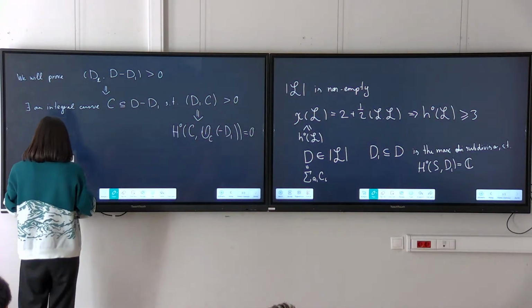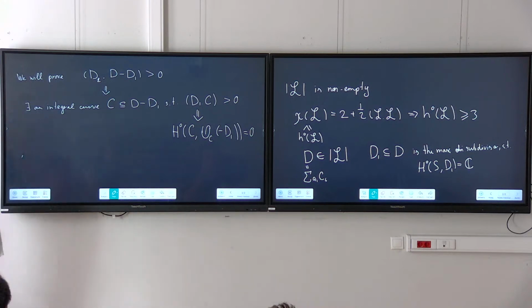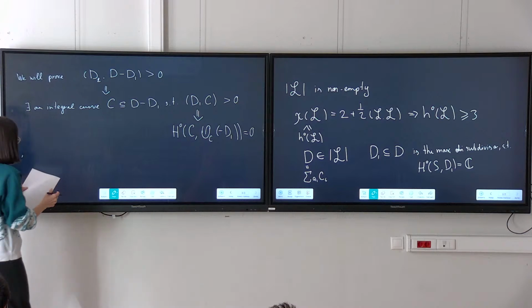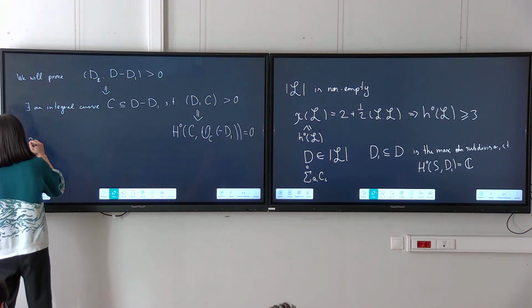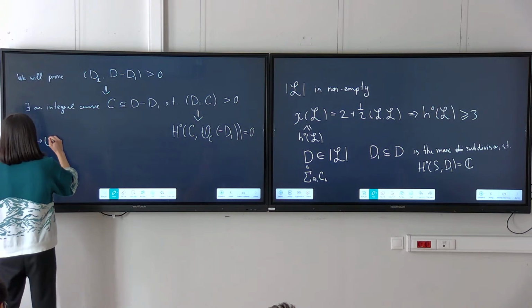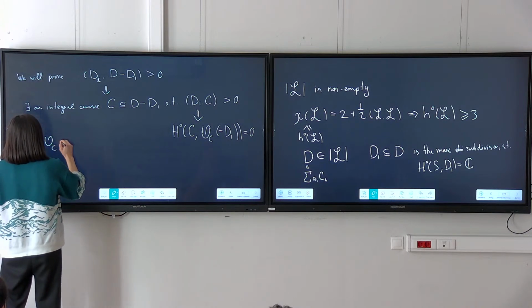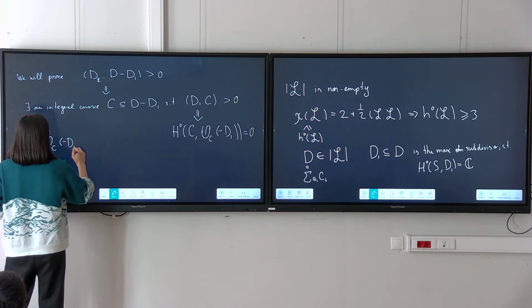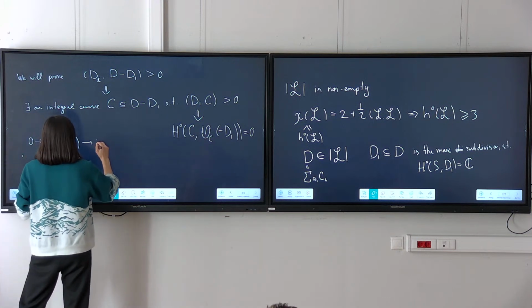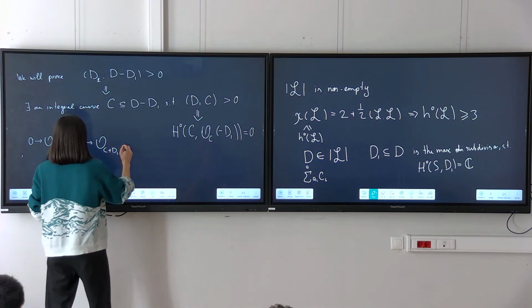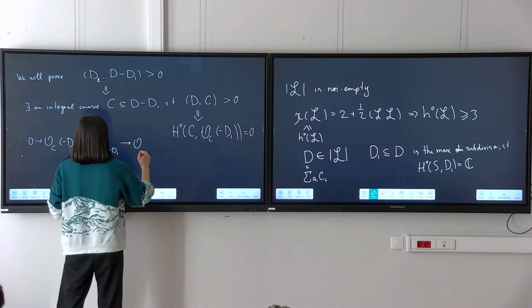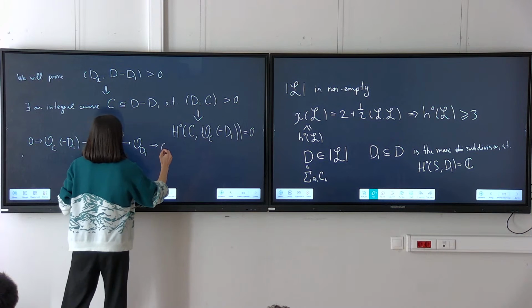So we know this, and now let me consider the following exact sequence. O_C(-D1) is mapped to O_{C+D1} is mapped to O_{D1}.